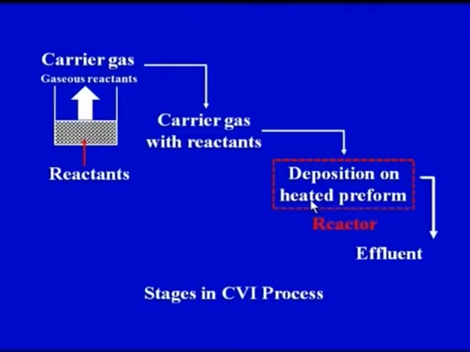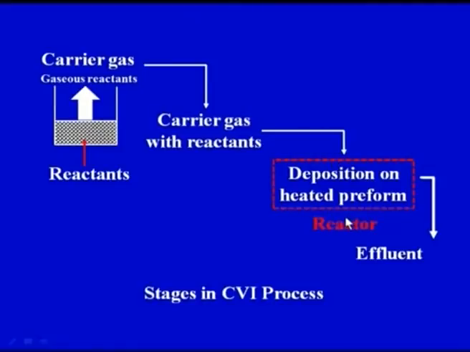We should try to understand the basic fundamental behind the process, and in this slide it is shown that from the solid or liquid reactants, the reactions take place, gaseous reactants are produced, and the gaseous reactants are carried by the carrier gas, which passes through the reactor.